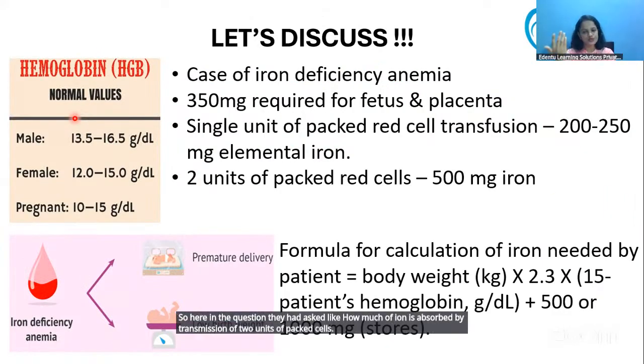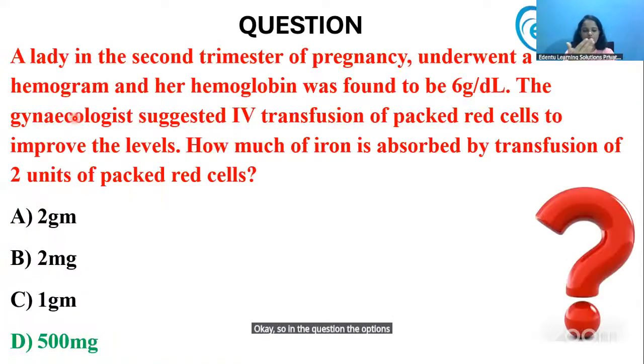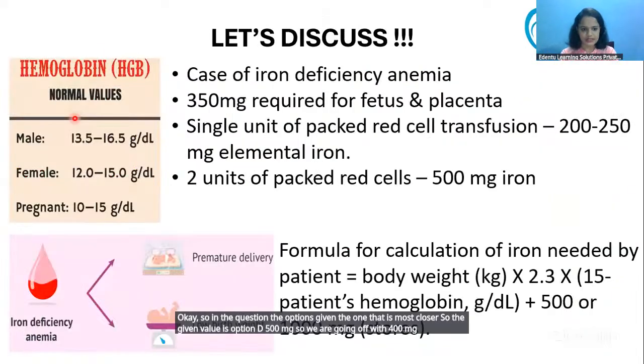So 2 units of packed cells will give you somewhat like 400 to 500 mg of iron. In the options given, the one most close to this value is option D, 500 mg. So we are going with 400 mg as the correct answer.